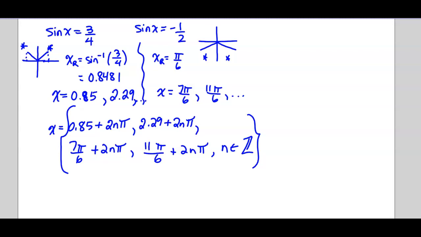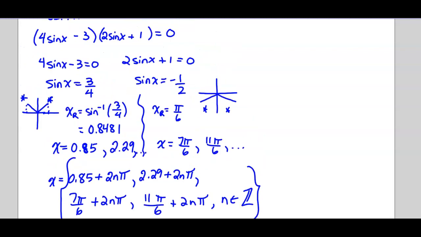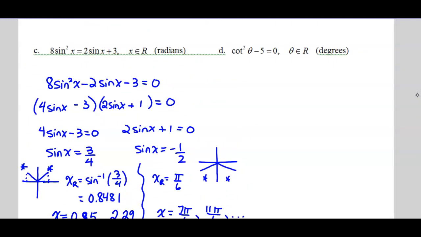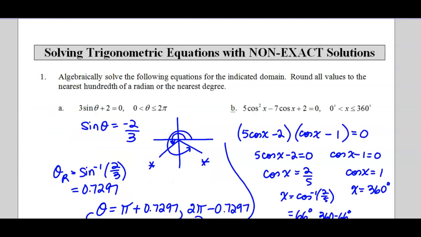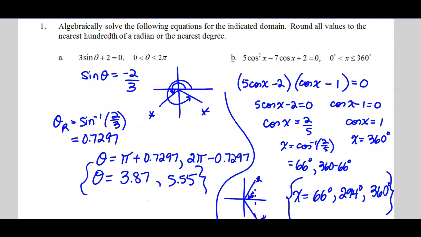Good, but if you can get them to be exact, then show it exact. Let me just see here. Yeah, it does say round all values to the nearest hundredth, so we wouldn't mark it wrong in this question.